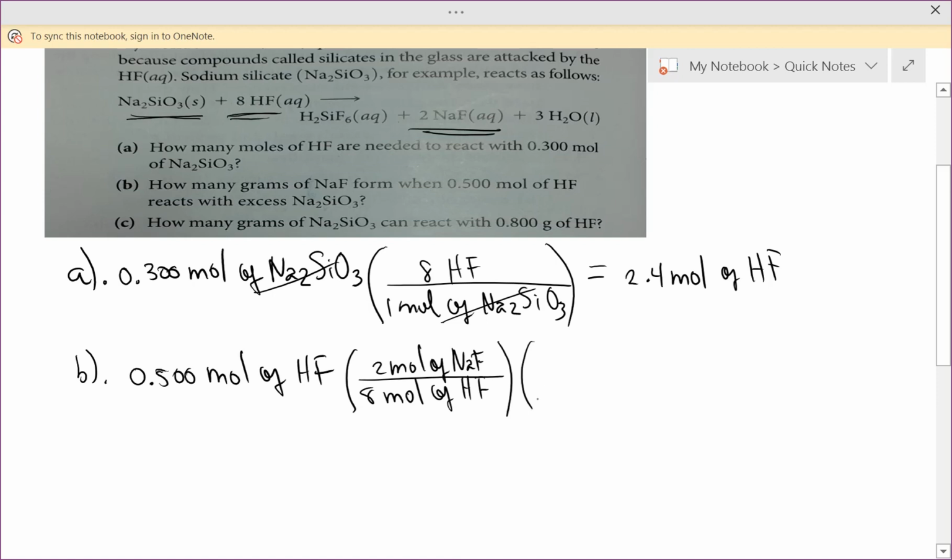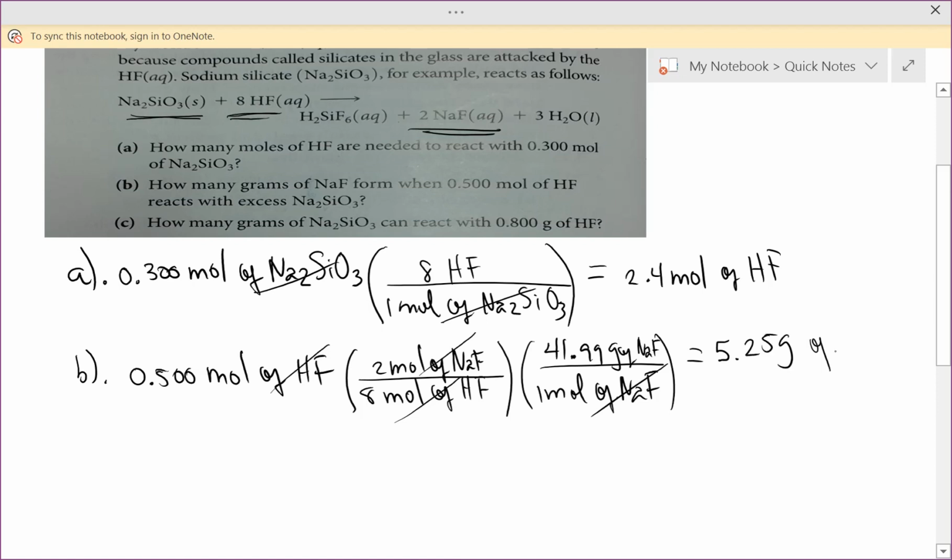So 1 mole of NaF is equal to, we have to now get the molecular weight of NaF, which is equal to 41.99 grams of NaF. We cancel these units out and we get that this is equal to 5.25 grams of NaF.